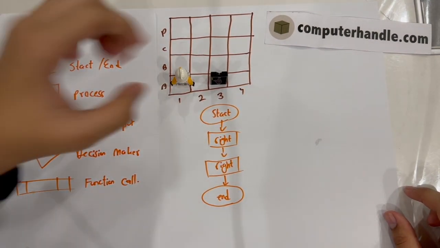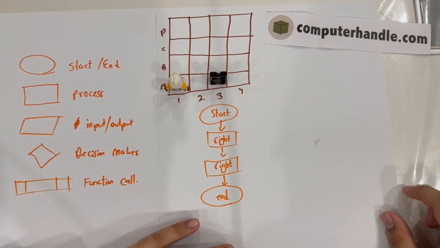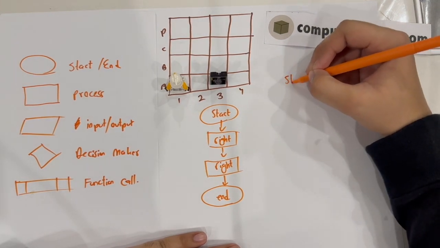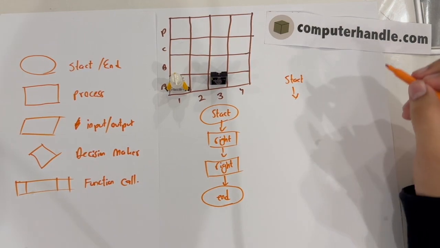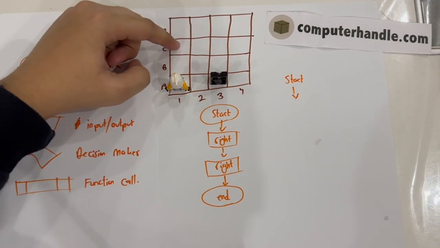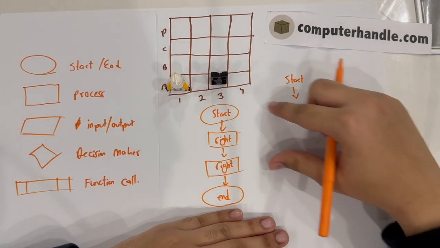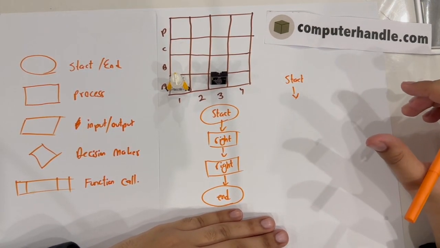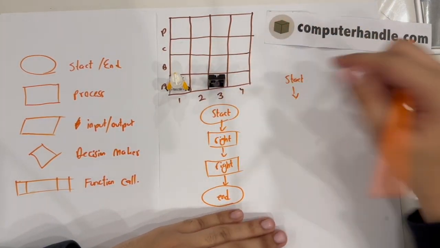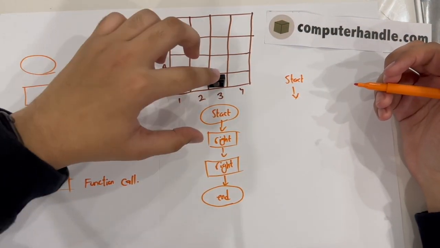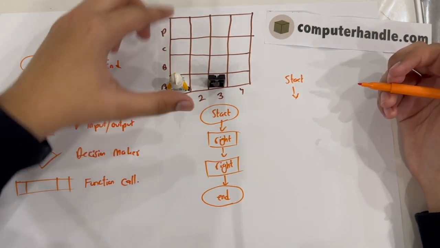So let's suppose it's at A1 and it needs to go to A3. Let's add a start to our program. Then we have the decision maker. It's going to decide whether to move forward or right. And here we're going to write a little question to see if it's a yes or a no. So let's suppose the obstacle is in the A series, in row A, or it should be in column 1.